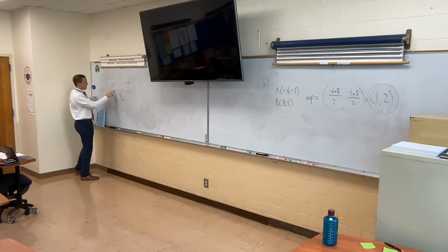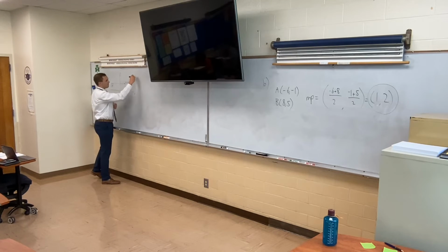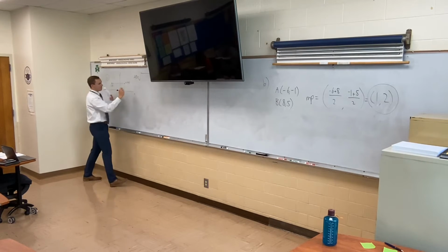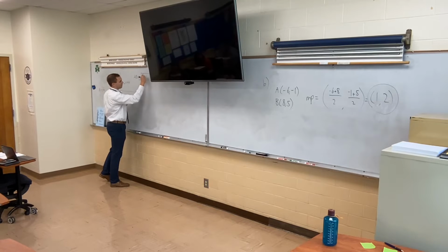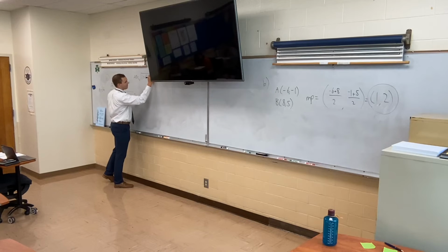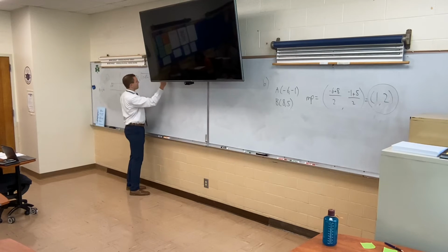I'm just going to go ahead and find these lengths. So A to B, distance formula: -5 minus 0 squared plus 3 minus -1, plus 1 squared. It's going to give me square root of 25 plus 16, square root of 41.